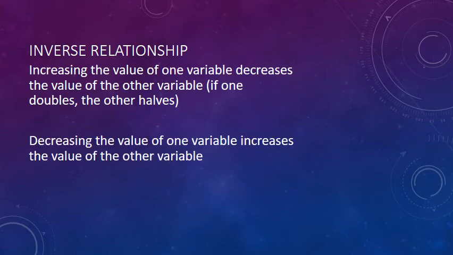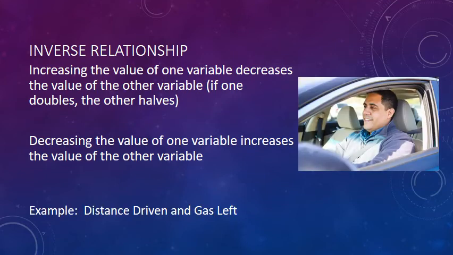And of course, if you decrease the value of one variable, the other variable is going to be increasing by the same proportion. So for example, distance driven and gas left. The more distance you drive, the less gas you have. The more gas you have, the less distance you've driven. So that would be the inverse relationship.